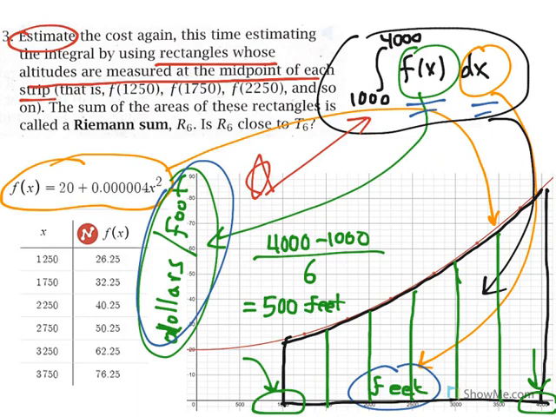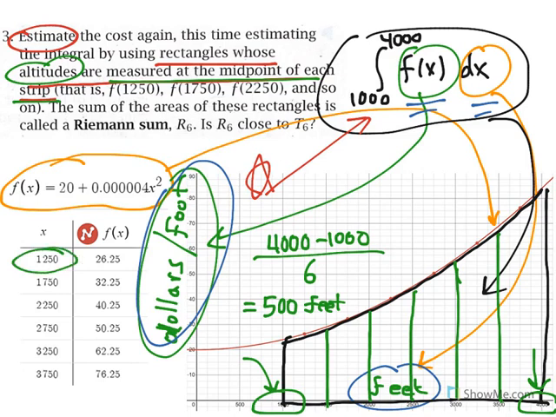How? This time estimating the integral using rectangles whose altitudes are measured at the midpoint of each subinterval. So what is the midpoint of the first subinterval from 1,000 to 1,500? The midpoint would be at x equals 1,250.